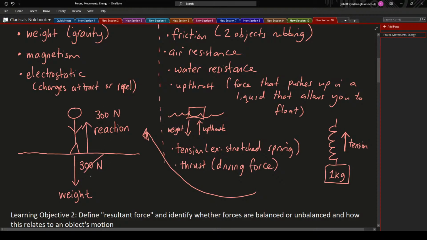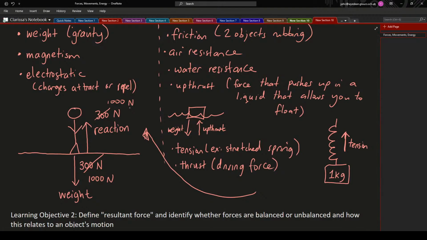If someone was 1,000 newtons, the reaction force would also be 1,000 newtons. So the reaction force also changes depending on what the action force is.